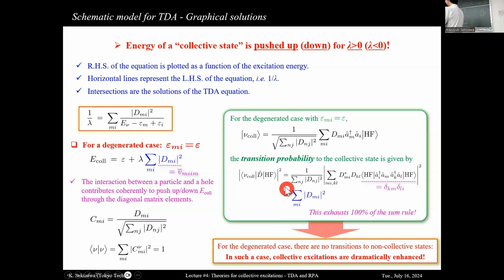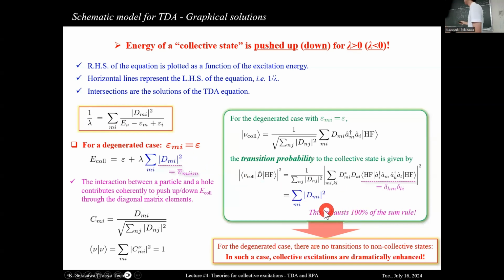You can see that this amplitude of excitation can be written as the summation of D squared. This is related to the energy of collective excitations.